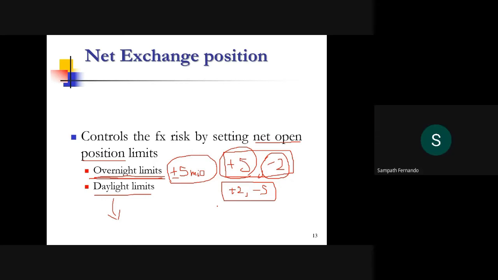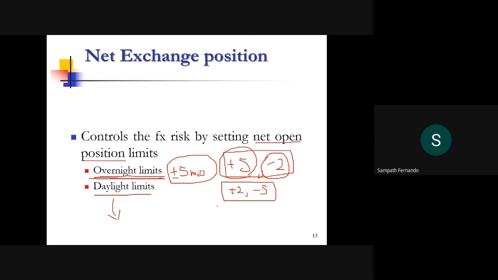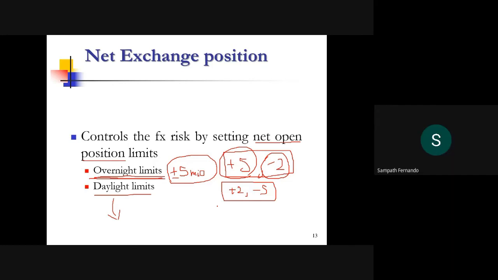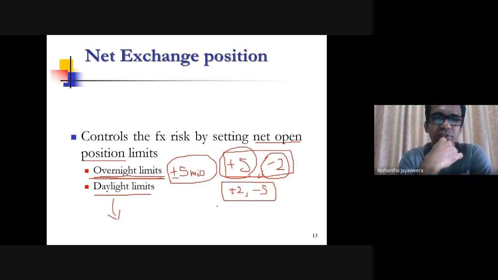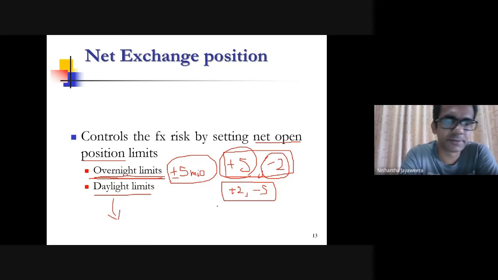The regulator limits individual banks; that means the central bank. Yes, and it can differ from one bank to another.